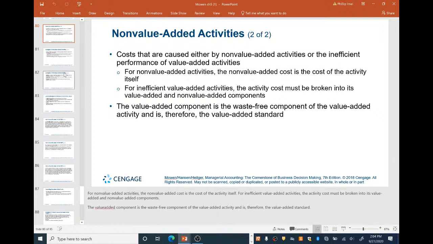For inefficient value added activities, the activity cost is going to have to be broken into the components that did add value and the components that did not add value. This relates to the inefficient performance of value added activities, meaning wasted time, effort and money on an activity that is adding value to a company. The value added component is the waste free component of the value added activity, and therefore the value added standard.